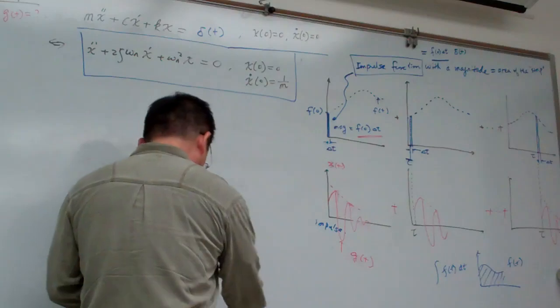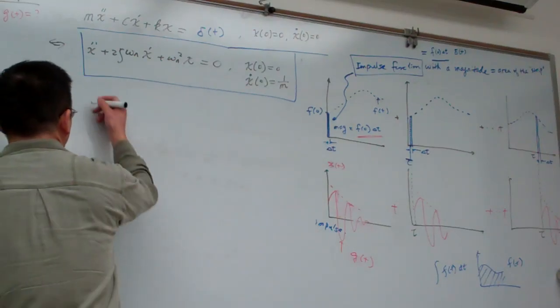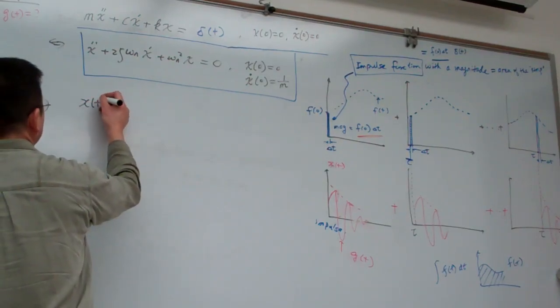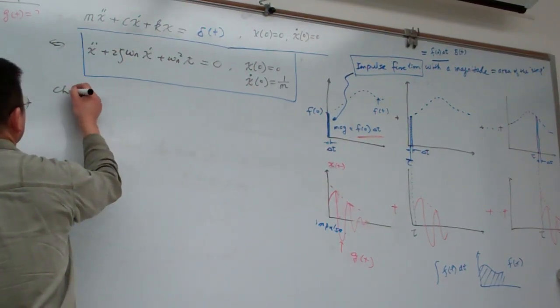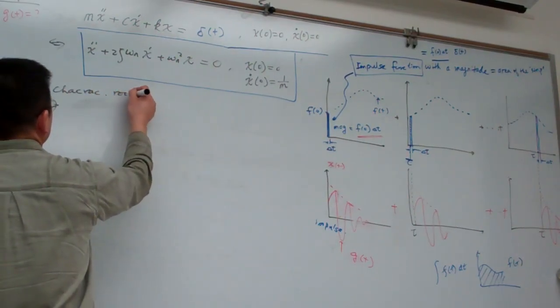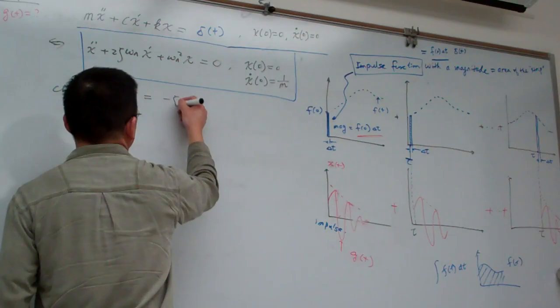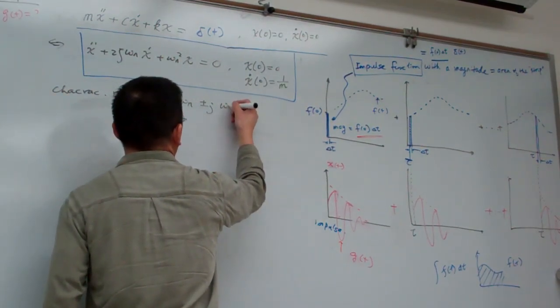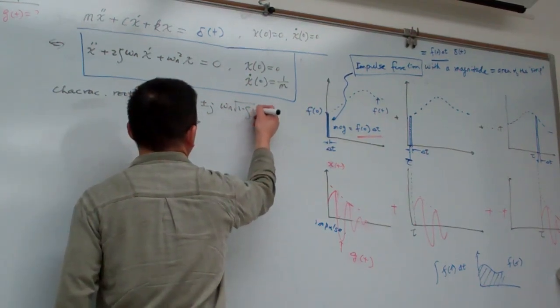If you still remember, for free vibrations and for an underdamped system, we have x of t. For example, the characteristic roots equal minus zeta omega n plus or minus j omega n square root of 1 minus zeta squared, right?